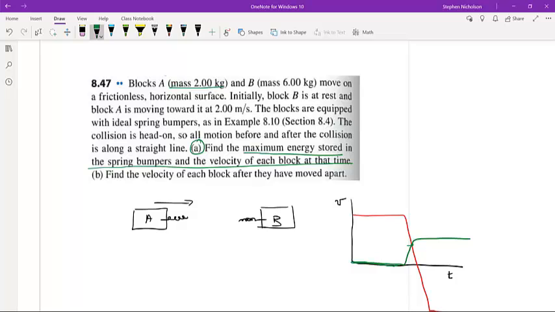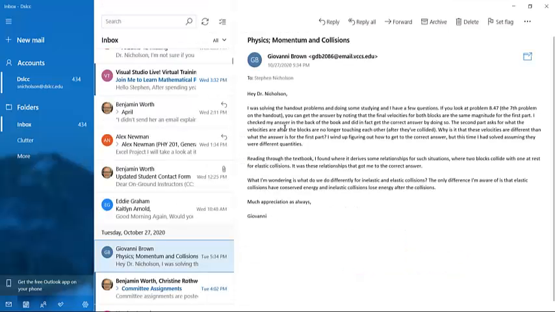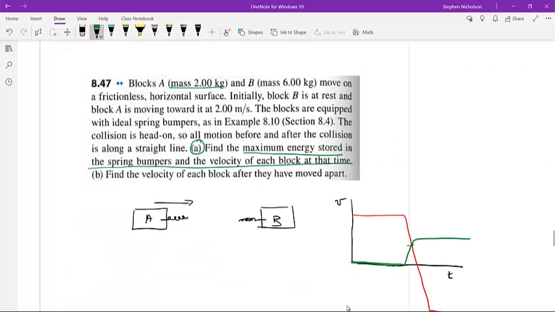So let's go back to your question here. What was your question? So the second part asks what the velocities are after the blocks are no longer touching each other. What's happening there is you're continuing on. There's kind of an intermediate final value.